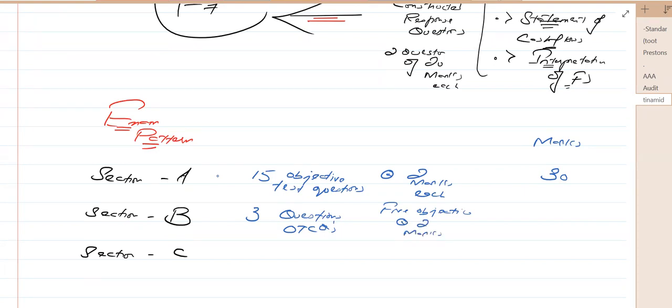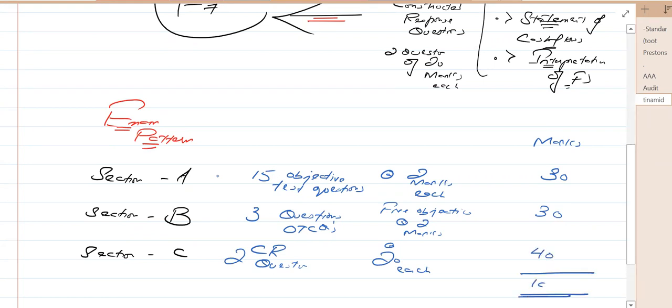So that means one question, 5 objectives into 2, 10, 10 into 3. So you have 30 marks for it. And then we have the section C for CR questions, which means the constructed response questions, and at the rate of 20 each. So 2 CR questions, and that makes 40. So the total is 100 over here.